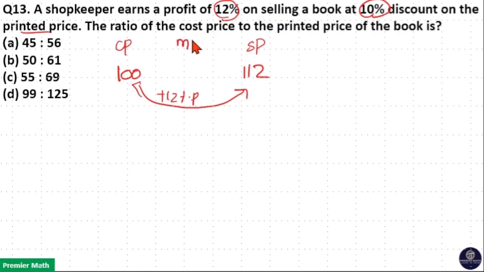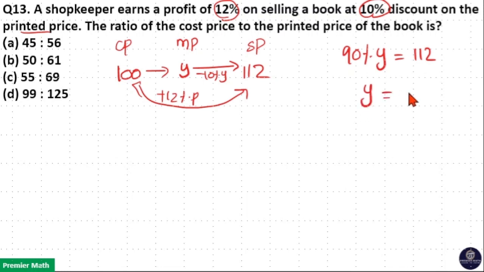So I will consider marked price as Y. Now you can see there is a 10% discount on the marked price or printed price. So 10% discount gives you sell price 112 rupees. That means 90% of Y is equal to 112. Then Y is equal to 112 into 100 by 90.